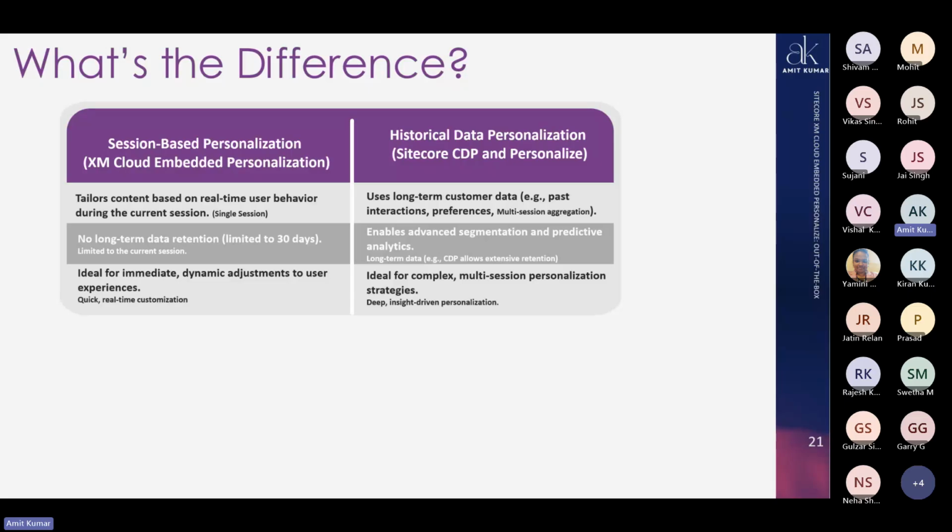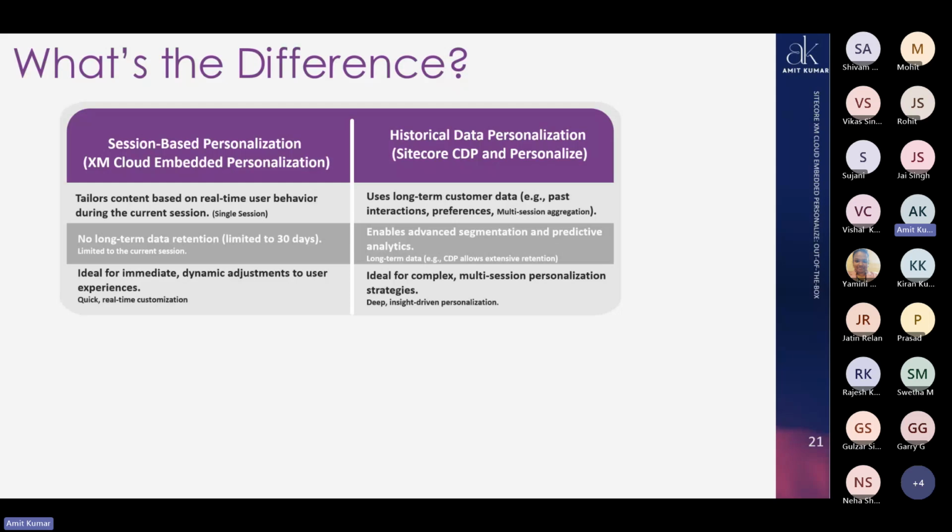It is ideal for immediate implementation, like where the user is coming from, which region the user belongs to, which OS they are accessing, like macOS, iOS or Windows, or which browser, like Chrome or Safari. So on the basis of that, for immediate use cases, you can utilize session-based personalization.